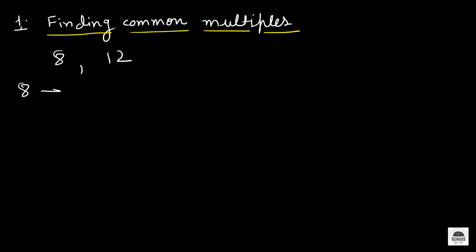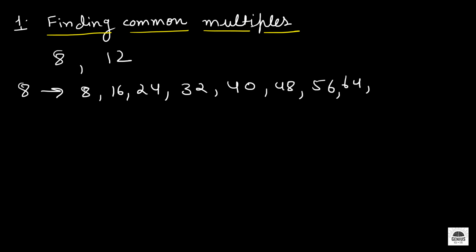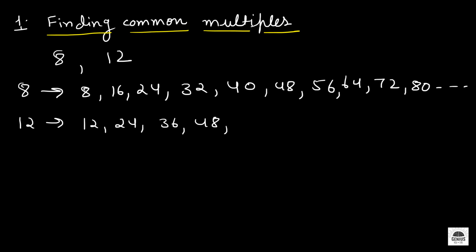The multiples of 8 are 8, 16, 24, 32, 40, 48, 56, 64, 72, 80 and so on. And the multiples of 12 are 12, 24, 36, 48, 60, 72, 84 and so on.